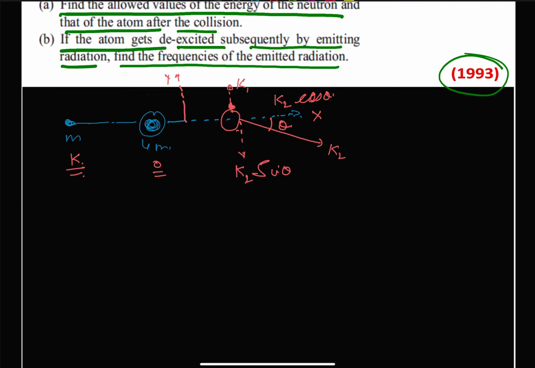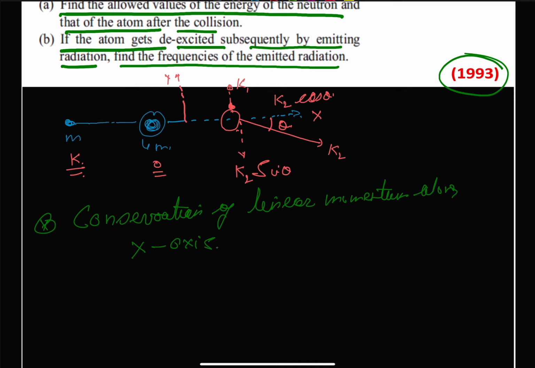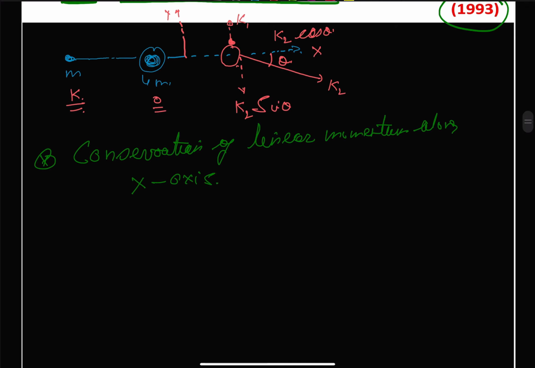Therefore, conservation of linear momentum along x-axis, we can write initial momentum P initial is equal to P final.